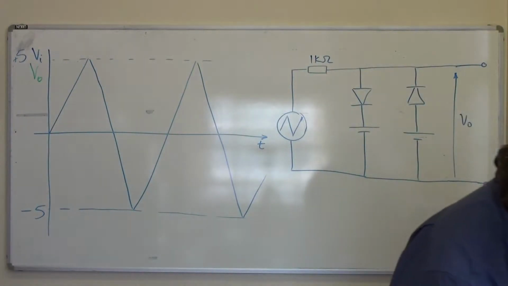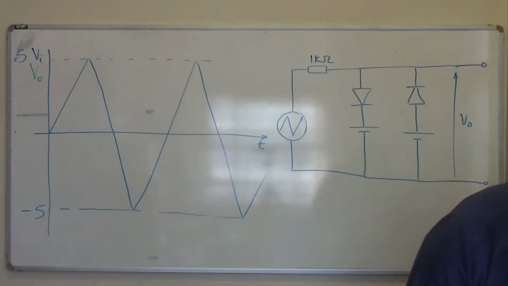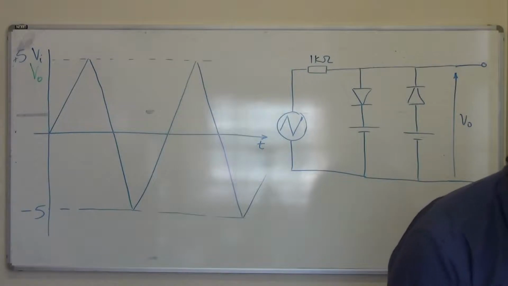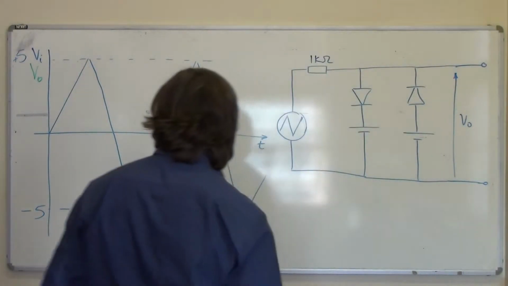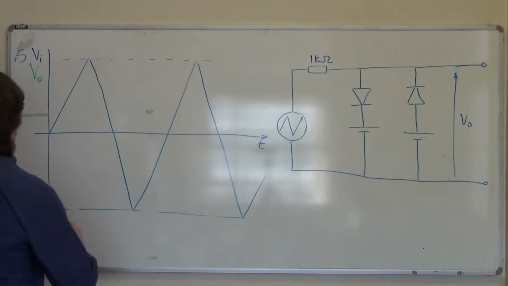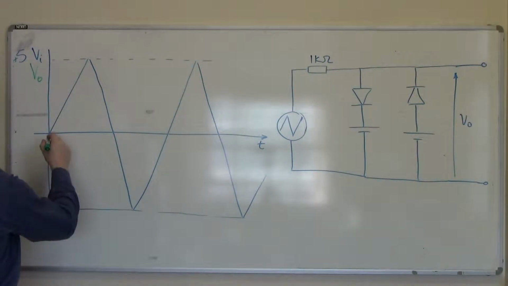And we know what we want to happen to V out, because the question tells us we've got to make sure that the input signals to the system that does the measurement lie between 0 and 3.3 volts. So our output, our V out, has to look like this.